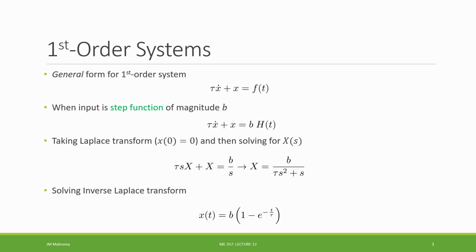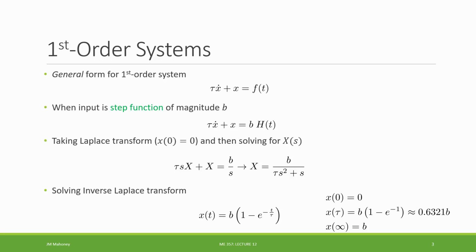What happens to the value of x of t at important points in time? Let's look at 3 points in time and see what the value of x is. First, when t is 0, we're going to find that x of 0 is 0. That better be true because that was our initial condition in the system. Then we can look at what happens when t is equal to tau, that coefficient in front of the x dot term.